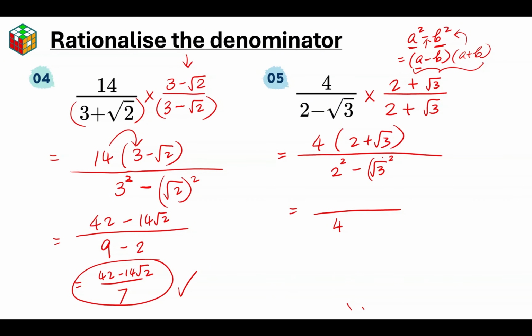Take away the root 3 squared, which is 3. Basically, it's 1 at the bottom. 4 times 2 is 8. Add 4 times root 3. So the 1 at the denominator is 1. So basically, my answer is going to be this one.